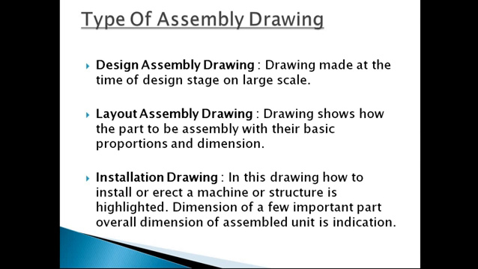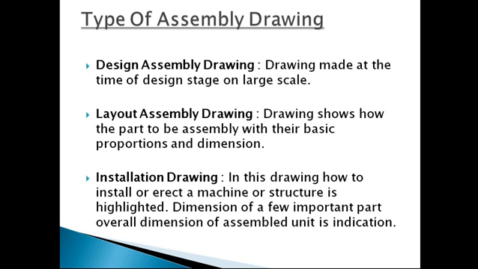What will happen when this job is sent for proper function or working is that, because one or two parts are missing, it will not function properly. So for a proper checklist, an assembly drawing must be present inside your assembly line.